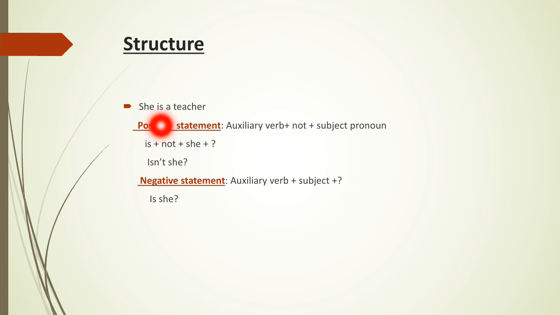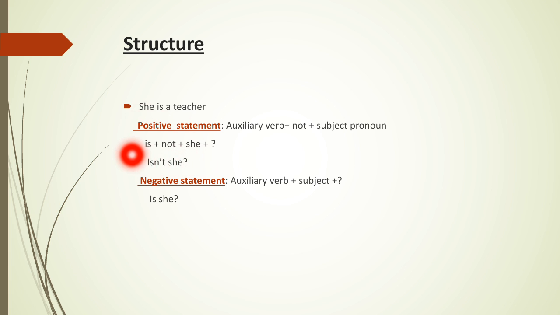Here is is an auxiliary verb, so you have to use it first, is, plus, according to the structure, you have to write not plus she, because here the subject she is already in pronoun form, so we have to use it as it is.